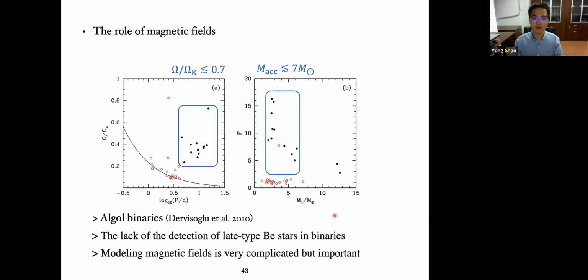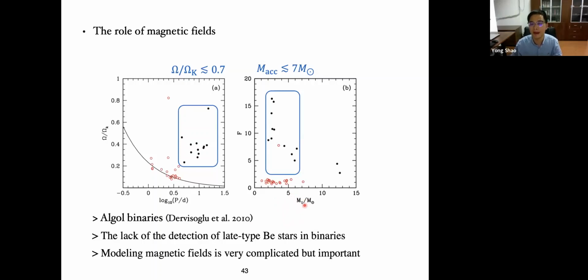And here this diagram shows the parameter distribution for some Algol binaries. These binaries are in mass transfer.